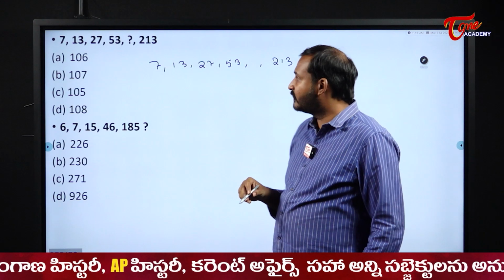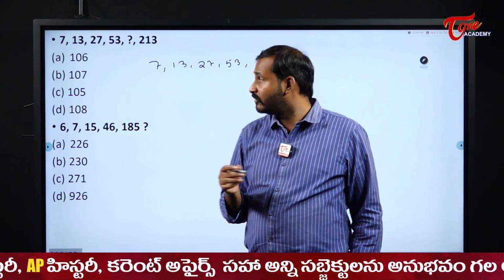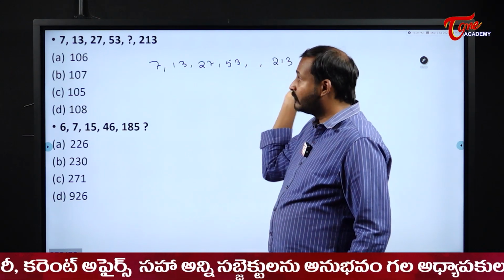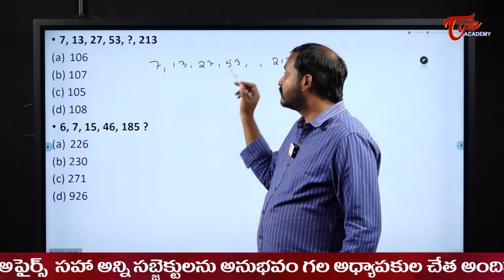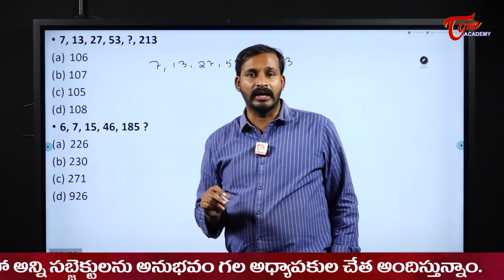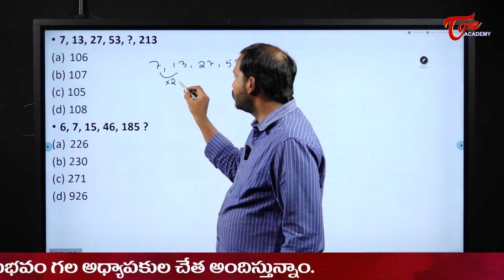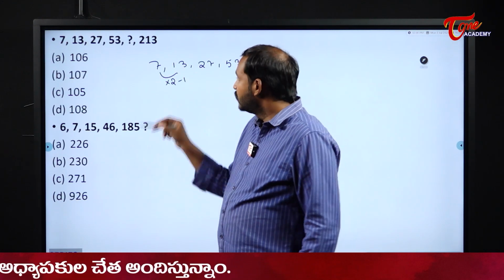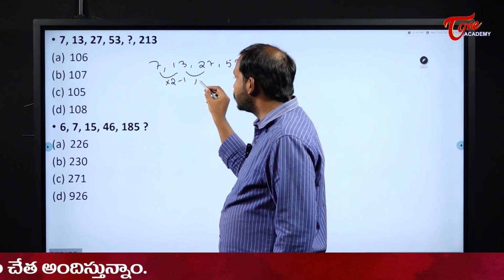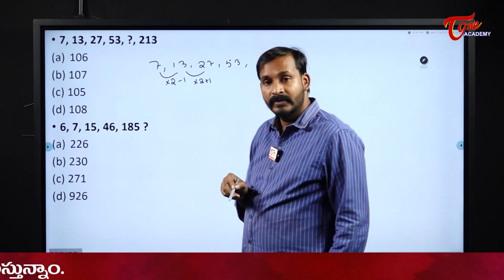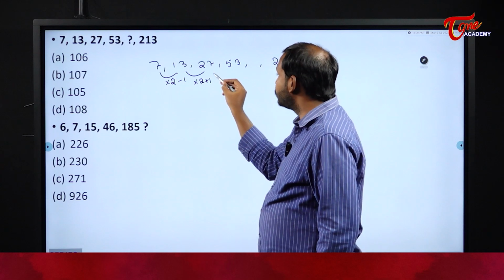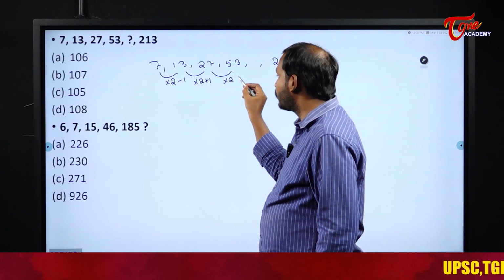Please observe carefully here, students. From 27 to 53, it is more or less double, right? Yes sir. So 7 into 2 is 14, but minus 1. Next 13 into 2 is 26, plus 1. Next 27 into 2 is 54, minus 1.